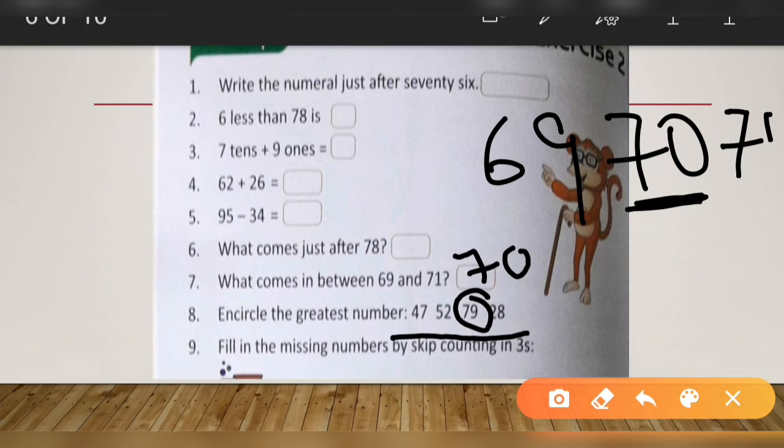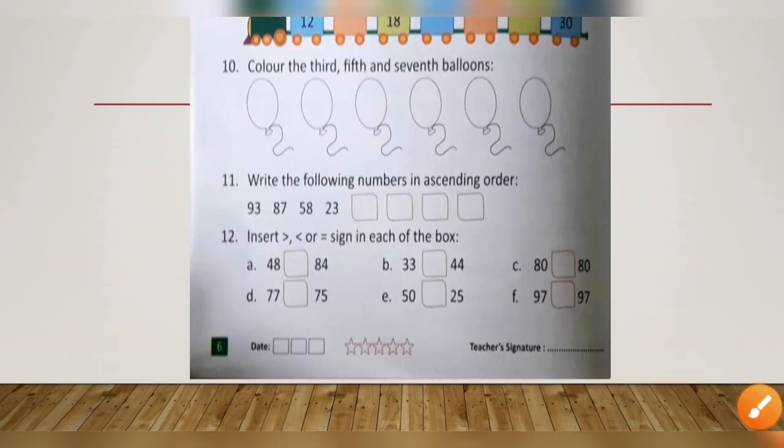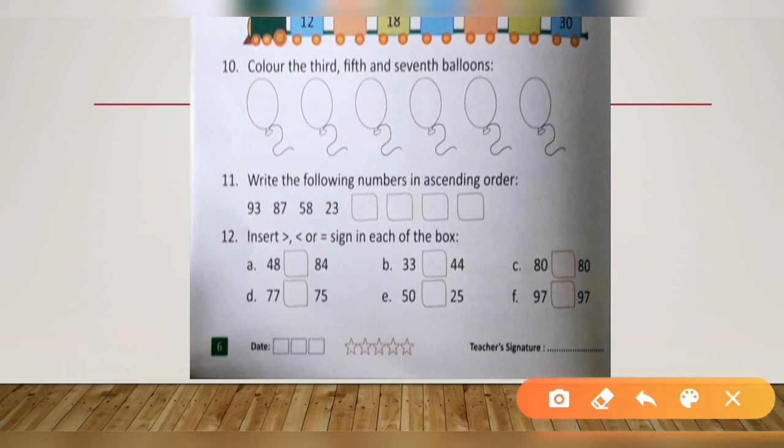Fill in the missing numbers by skip counting in threes. Next page. Skip counting by 3. We have learned skip counting in our previous class. 12 plus 3. Skip counting by 3. That means you have to add 3 to the previous number. 12 plus 3, 15.